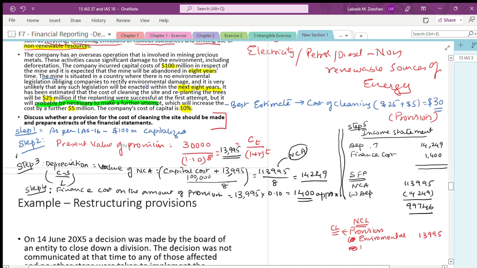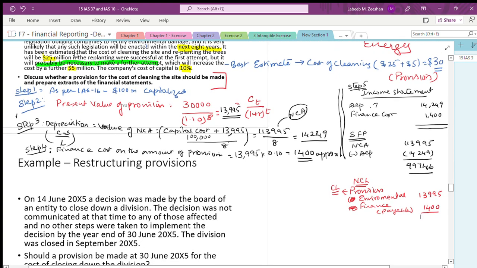This is the finance cost payable. How much? Finance cost payable is 1,400. It comes to how much?